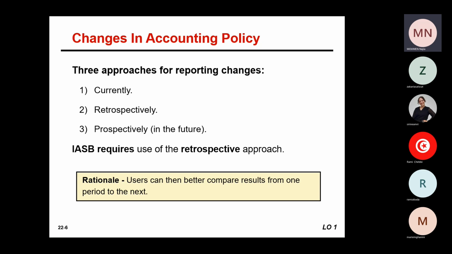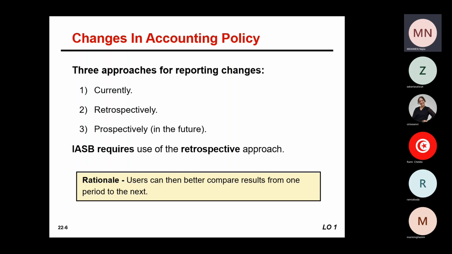We can see other types too, when you have to make this change in accounting policies, okay? So you may think about how to account for the situation. If there is any change, we report that change.